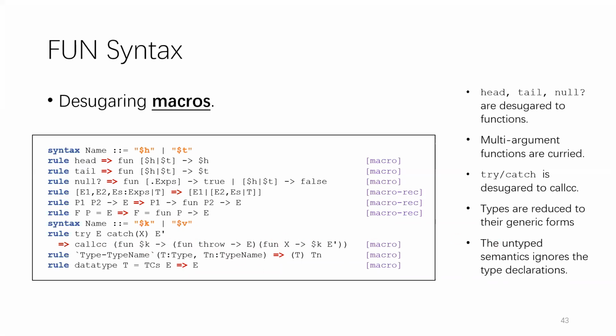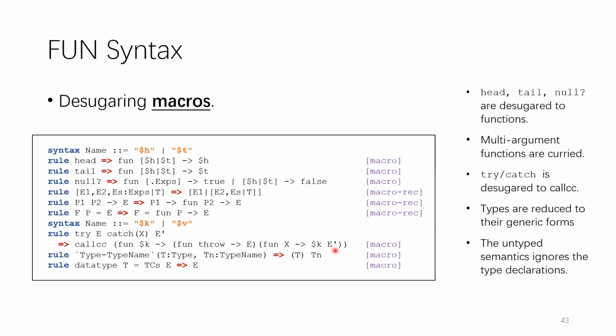The other case is when we evaluate E, the try block, and we see a throw of value V. Then we'll follow the semantics of throw, which is this function. We'll instantiate this X by the value V that we throw, and we apply the continuation to E prime, which is the catch block.